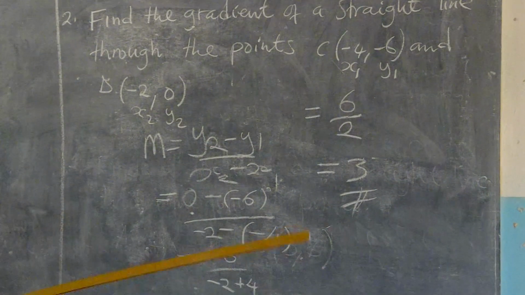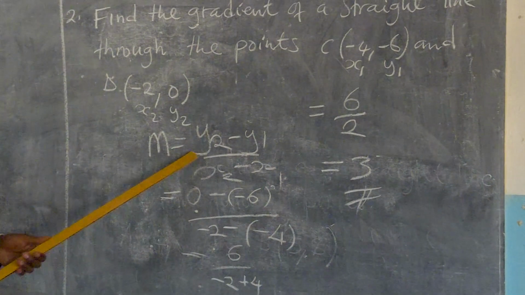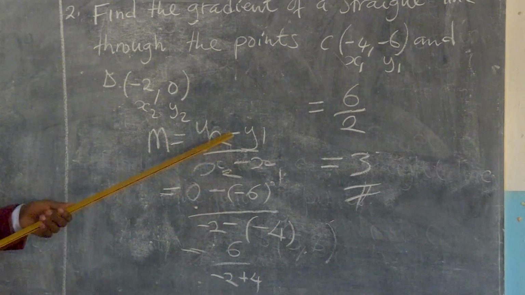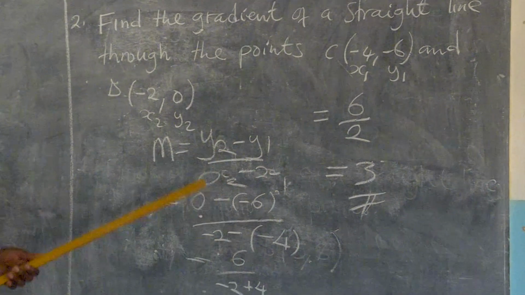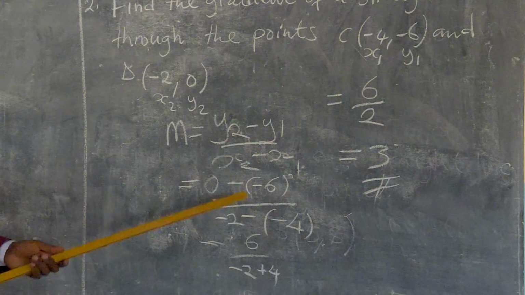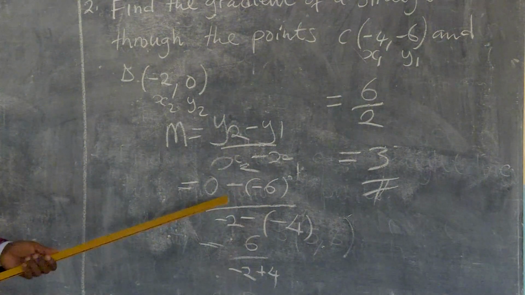Then next, he did the substitution, where there is y2, it is 0, minus, this minus is the one which is in there. Then the y1, it is -6. So we have to bring the -6, we will not ignore the negative there.